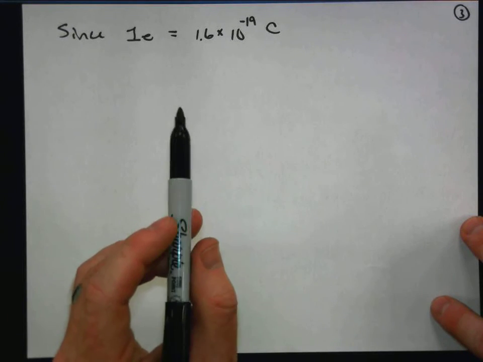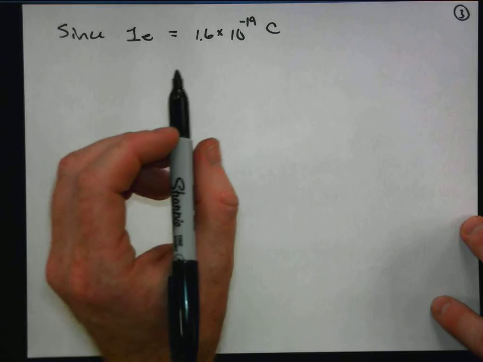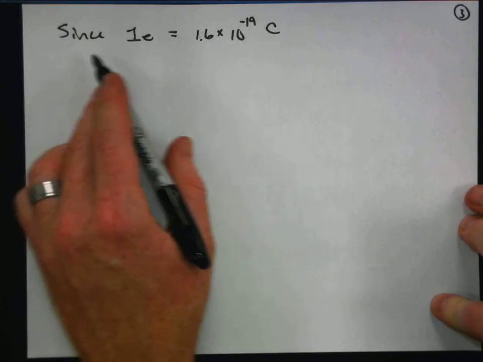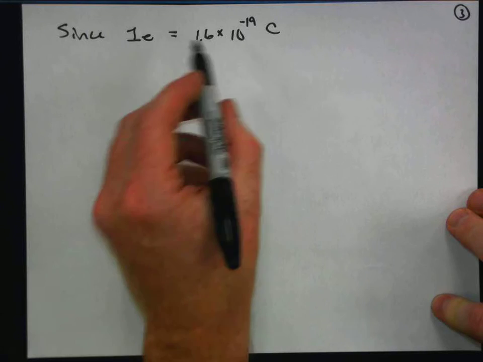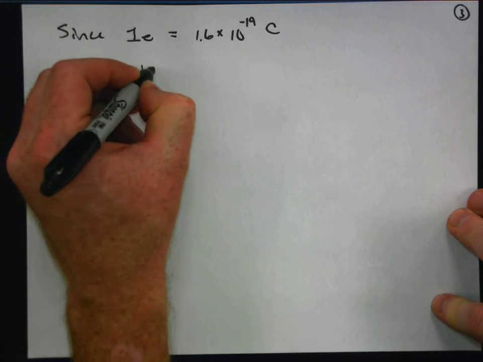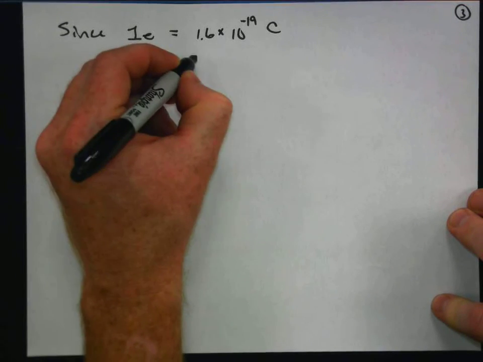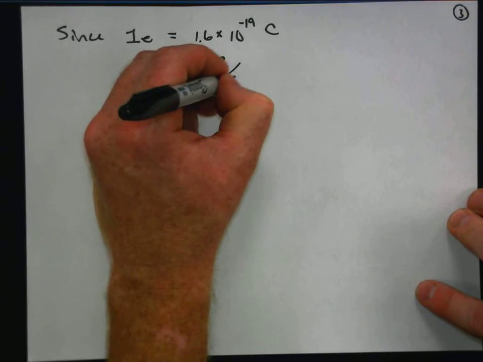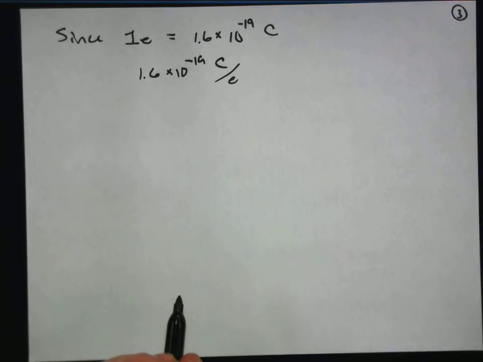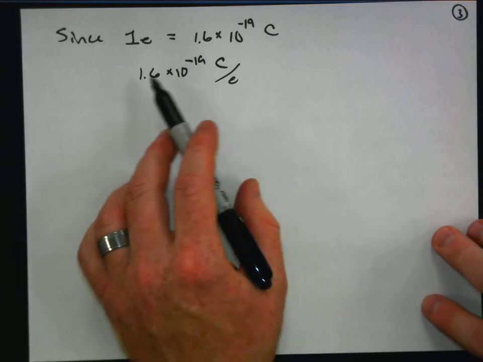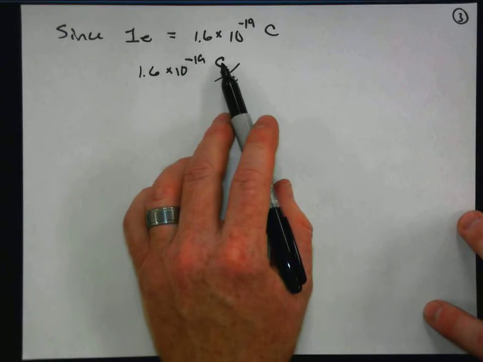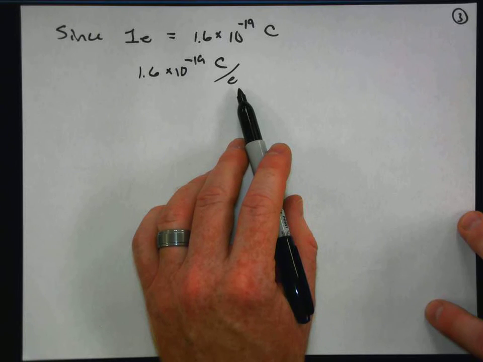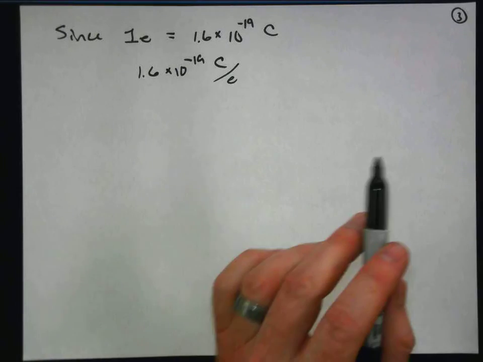Now, another way of looking at this is to say that, well, there are 1.6 times 10 to the negative 19 coulombs in every electron. Or 1.6 times 10 to the negative 19 coulombs in each fundamental charge, right? Remember fundamental charge.